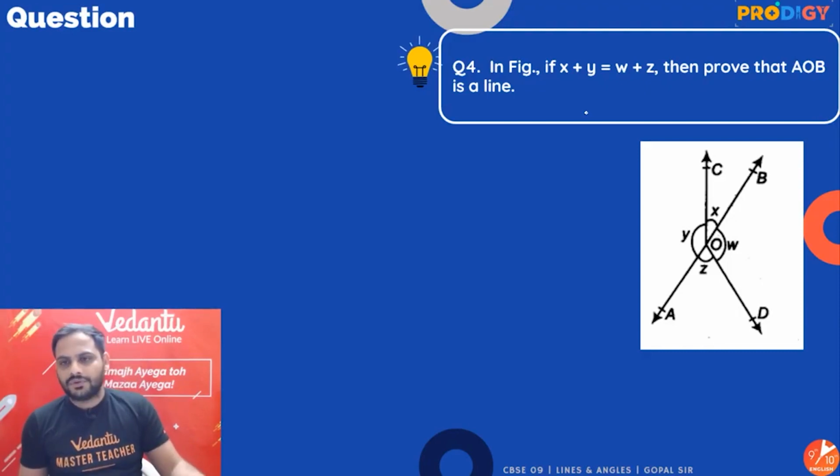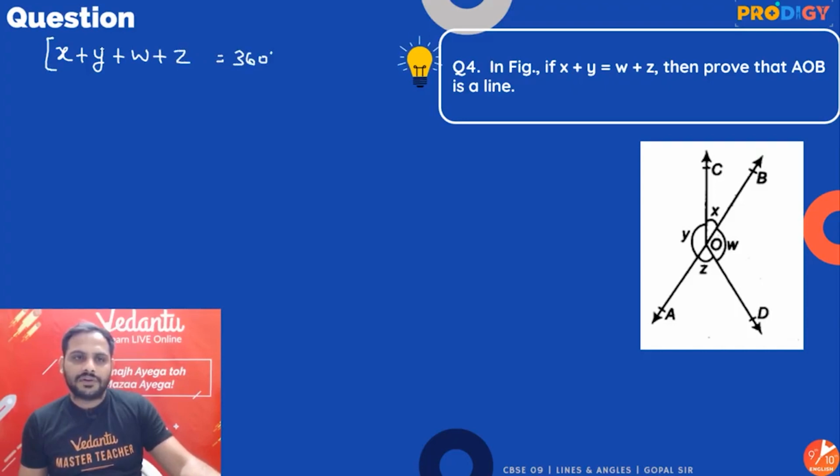So what is given to me? Look, I know that if I add all these four angles, x plus y plus w plus z, it will become a complete circle. So angle x plus angle y plus angle w plus angle z will be equal to 360 degrees. This is x plus y, this is w plus z.